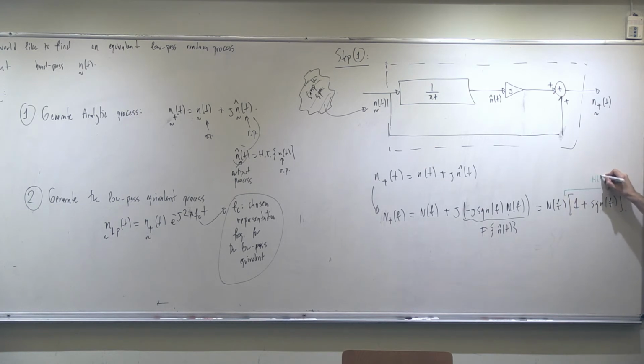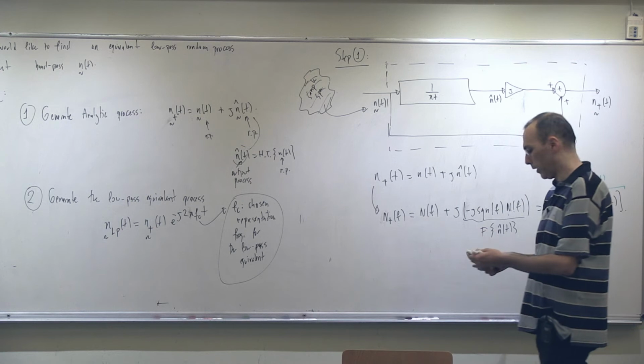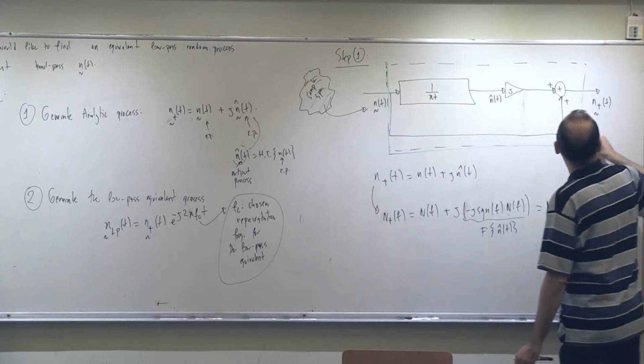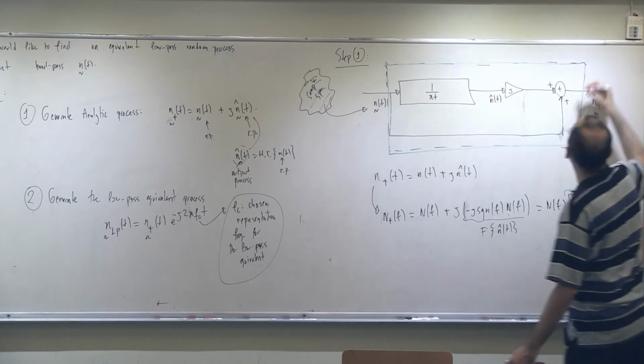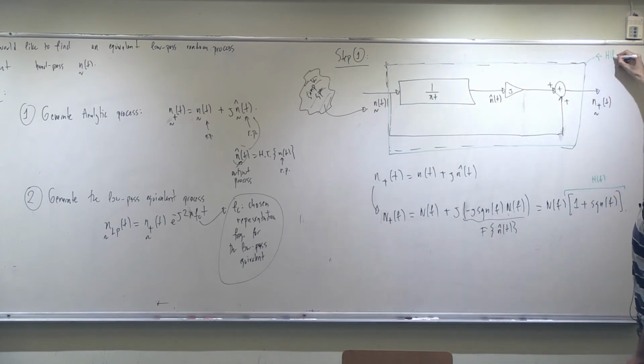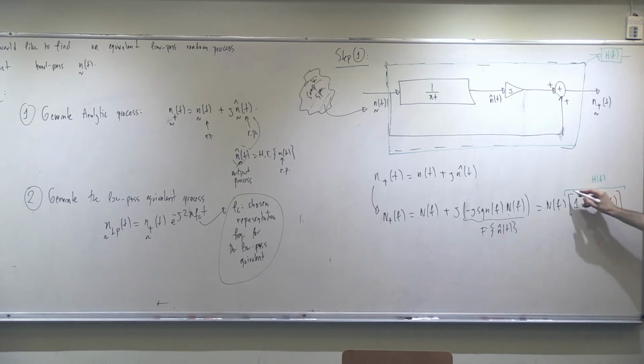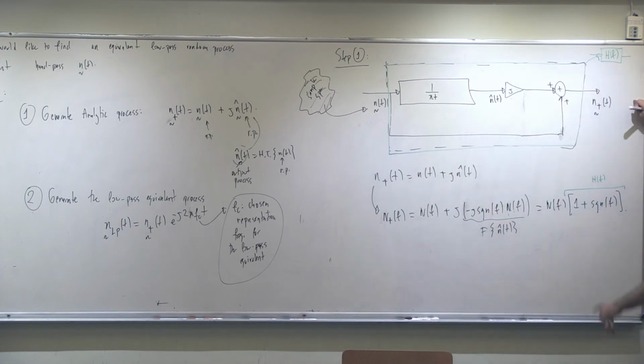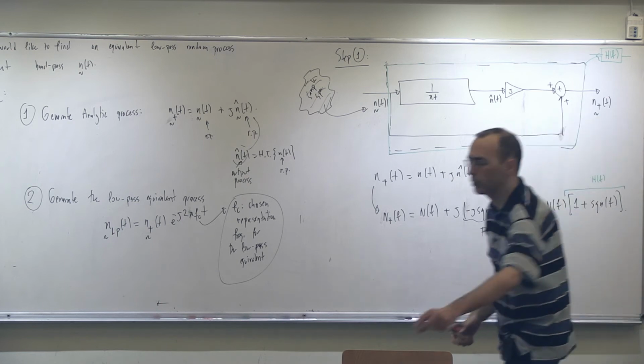I may consider that from here to there as my green box. This green box has transfer function h of f, which is 1 plus signum f. So this becomes an LTI filtering operation with frequency response 1 plus signum f. So I can find everything that I want for this output process.